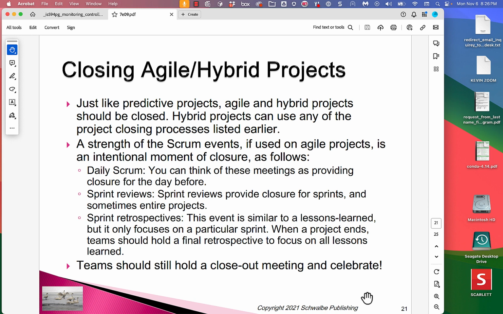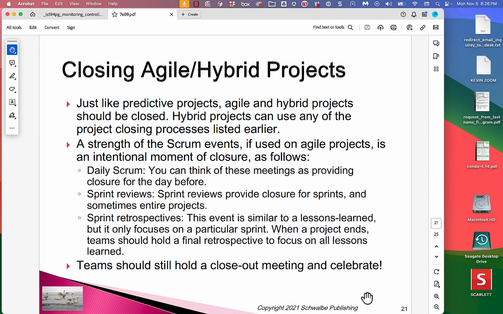A strength of the Scrum events, if used on agile projects, is an intentional moment of closure, as follows. In the daily Scrum, you can think of these as providing a closure on the day before. Sprint reviews, you can think of them as closure for the sprint, and maybe, if it's the last sprint, on the entire project.